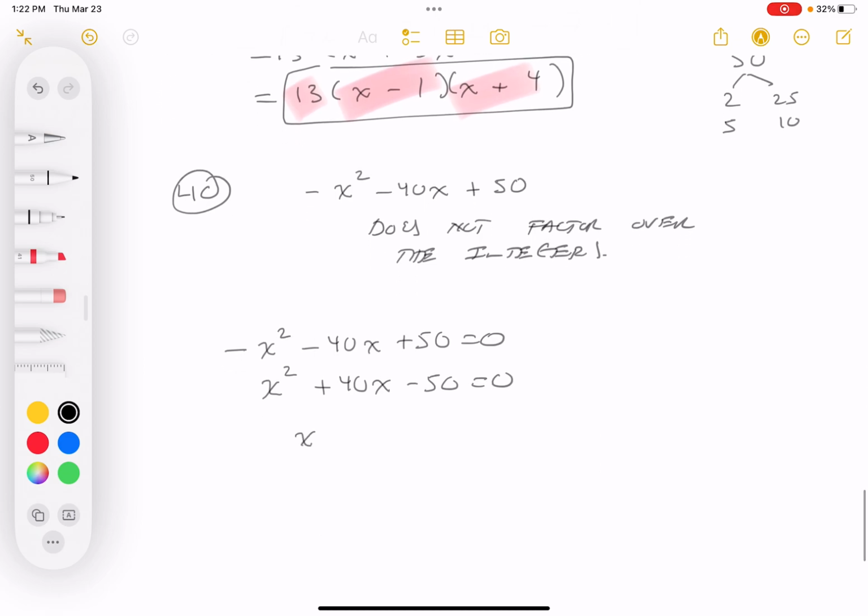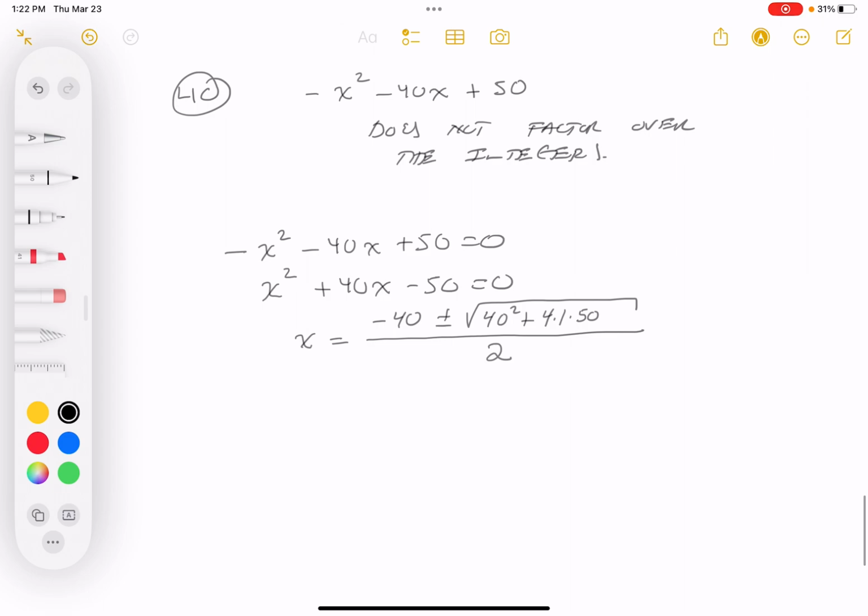X equals, kind of nasty numbers, by the way. Let's see, twice a goes on the bottom. That's 2. The opposite of b, minus 40, plus or minus, these are really nasty numbers, by the way. 40 squared, that's the b squared, minus 4 times the a, which is 1, times the c, which is 50, minus 50. So I'm going to put 50 here and change the sign.